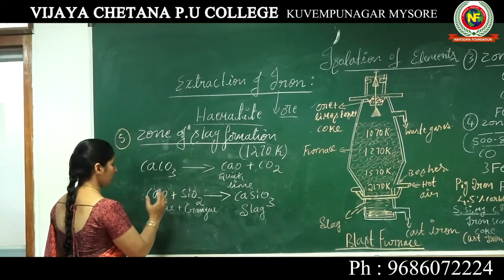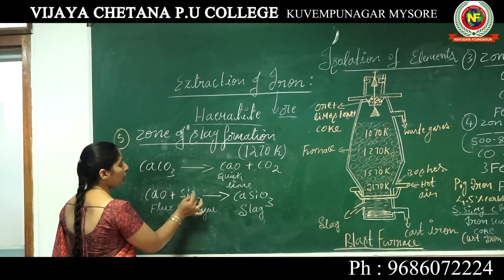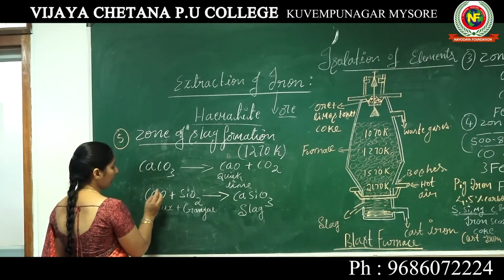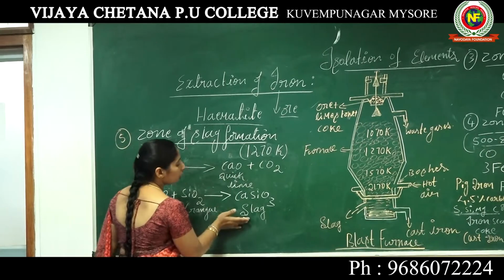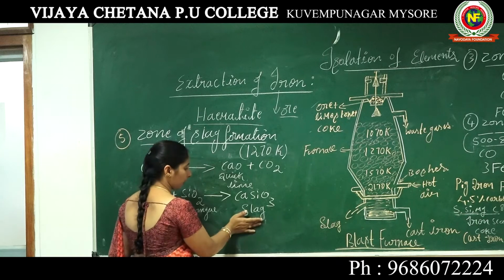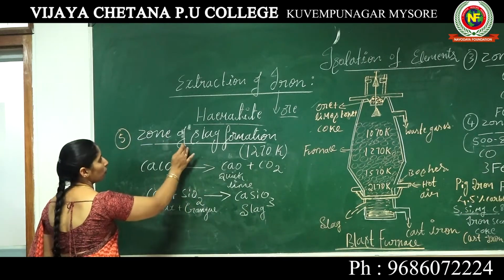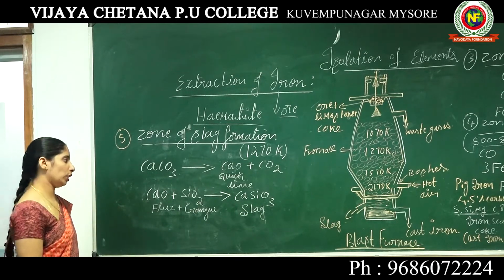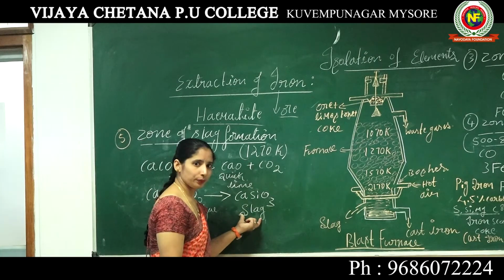The pig iron consists of the impurity silica dioxide. So when the calcium oxide or quicklime combines with the gangue, calcium silicate is formed, which is nothing but the slag. So we call this the zone of slag formation. Here we get the slag.